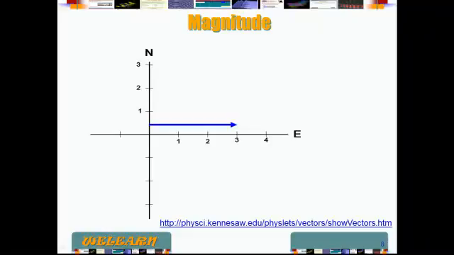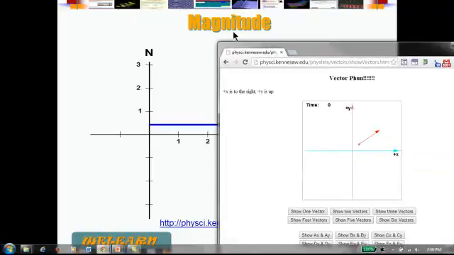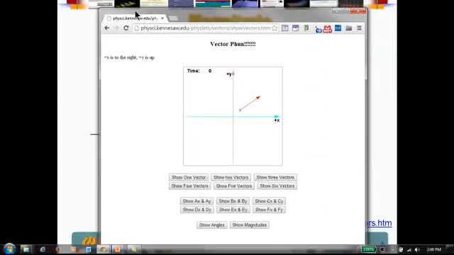Let's pull in some simulations. Okay, this is the simulation linked. The vector fun simulation. When you load it, it should show up like this, and then we can get it to show us 2 vectors, 3 vectors, up to 6 vectors. Notice here, these vectors point in different directions. These are the arrows we are talking about, and we can tell it to show us the magnitudes.